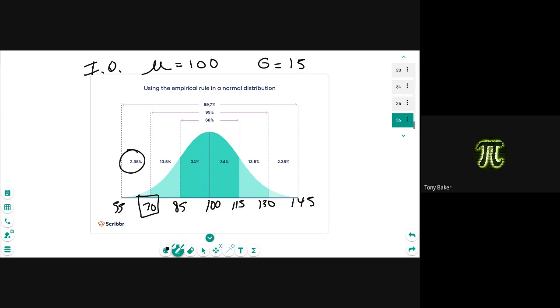Because inevitably everybody thinks they're way over in this area. But actually, above 130 is only 2.35%. Above 145, you're at 0.15%. Only 0.15% of the population has an IQ above 145.